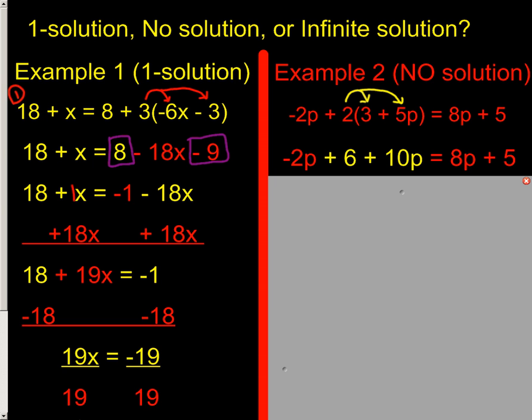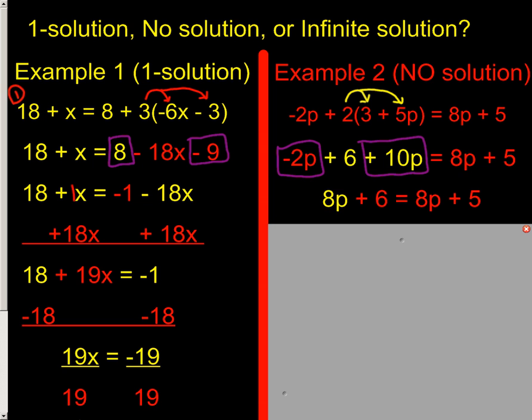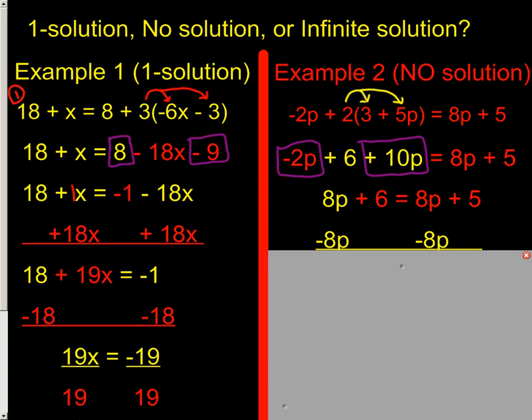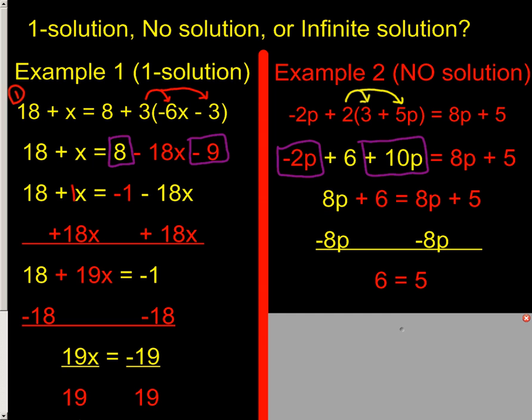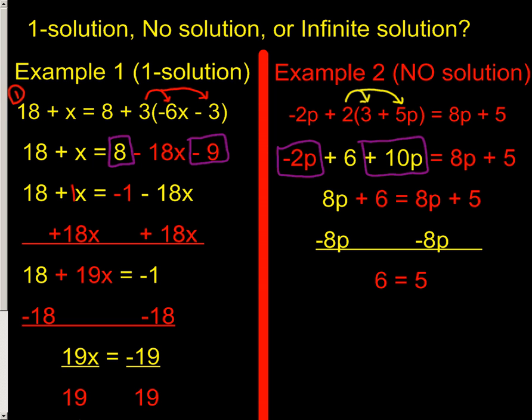Now we need to combine like terms, and I notice negative 2p and positive 10p, so negative 2 plus 10 is 8p, and everything else is pulled down. Let's get the variables to the same side of the equation, so we subtract 8p from both sides. Basically, that makes it 0, and we're left over with 6 equals 5. Well, that's a situation where we say there's no solution because 6 does not equal 5.